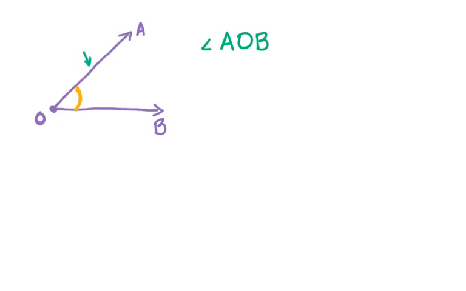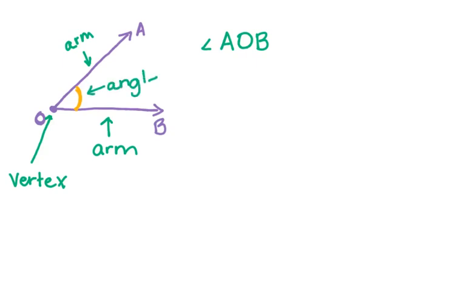This is called an arm. This is also called an arm. I told you earlier that where they meet, which is right here, that point is called the vertex. And then, of course, you have your actual angle right there.